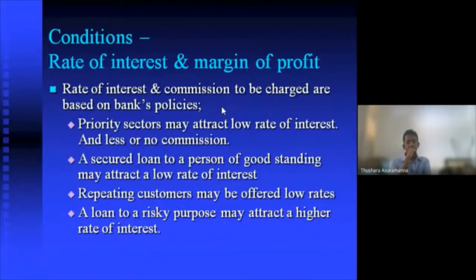Priority sector may attract a low rate of interest and less or no commission. So sometimes there are mandatory lending rates. Sometimes you need to commit to those directions, whether it's attractive to you or not, but it's a kind of command direction.